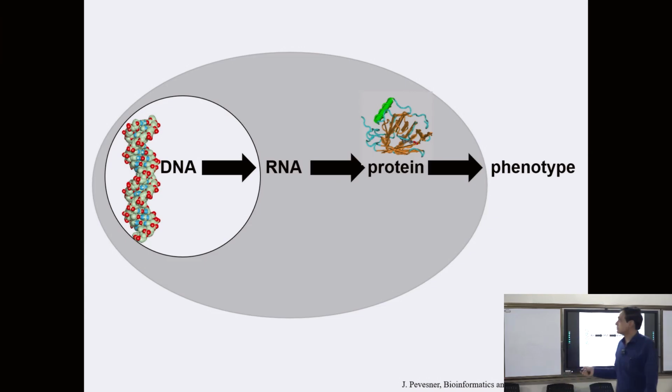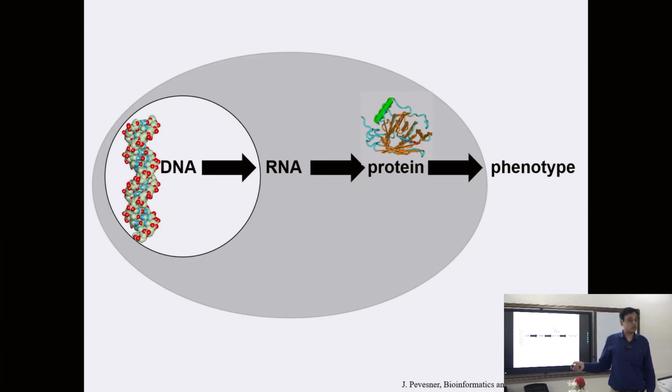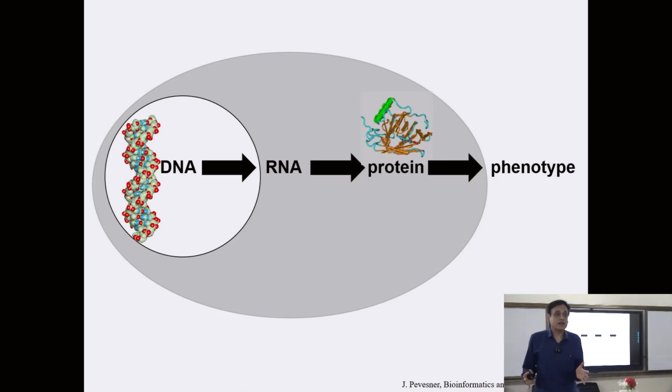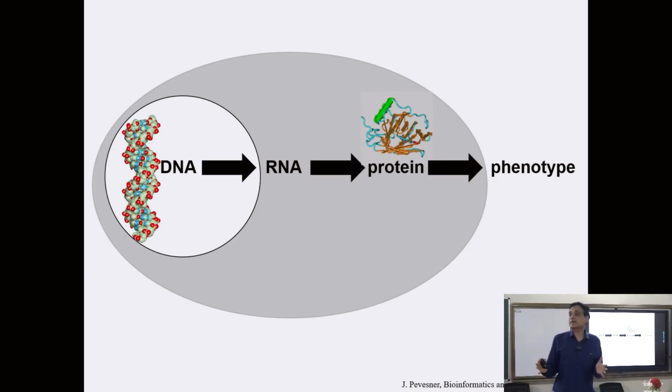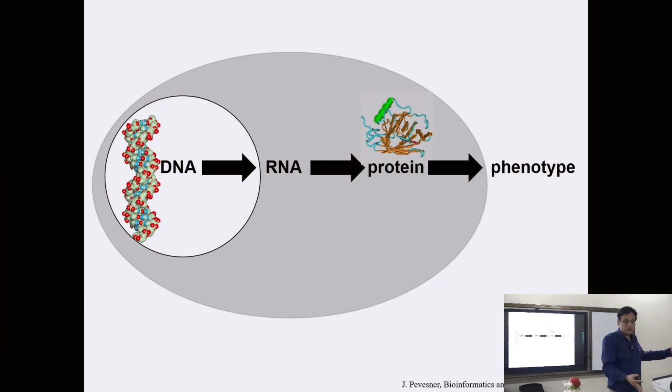Okay? So together, these are genotype. And this genotype will determine phenotype, and phenotype is the characteristics that can be observed or traits that can be quantified. For example, your hair color, that is phenotype. Okay? But underlying that is this process, that is genotype.